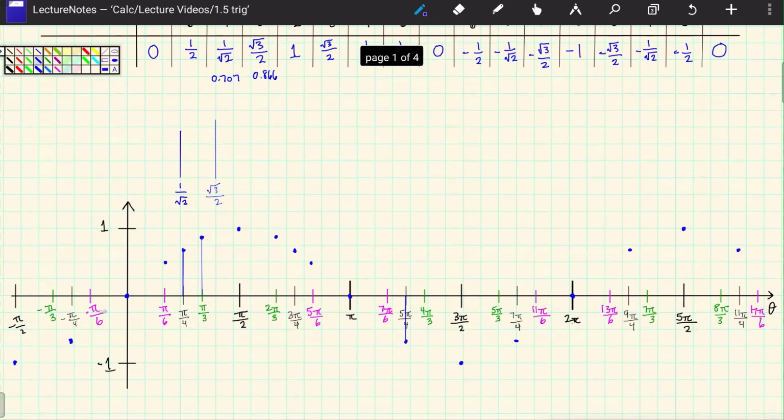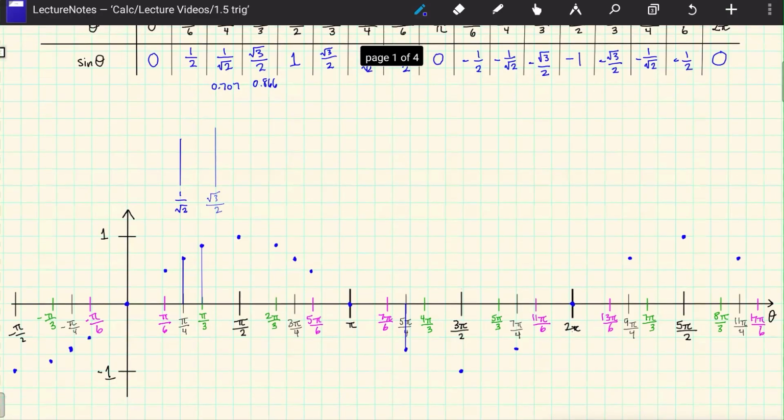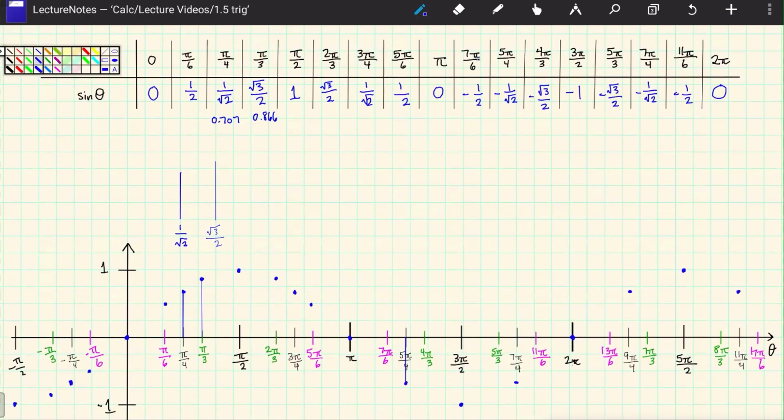While we're here, I'm going to fill in the negative ones. Sine of negative pi over 6 is negative 1/2. The sine of negative pi over 3 is going to be negative √3/2. Let's see, the sine of 7 pi over 6 is going to be negative 1/2.